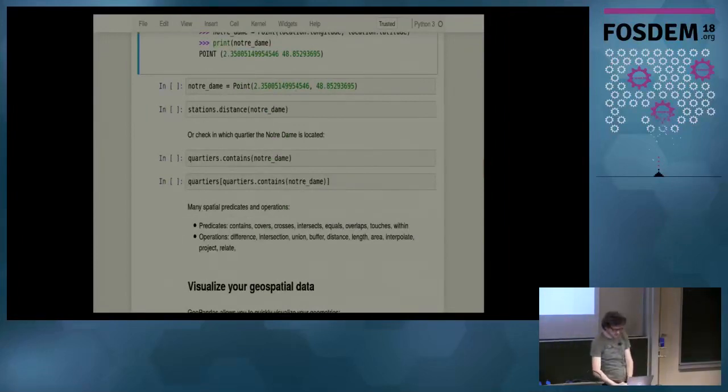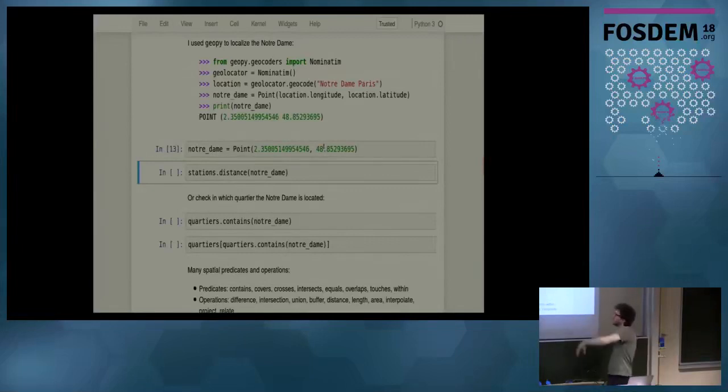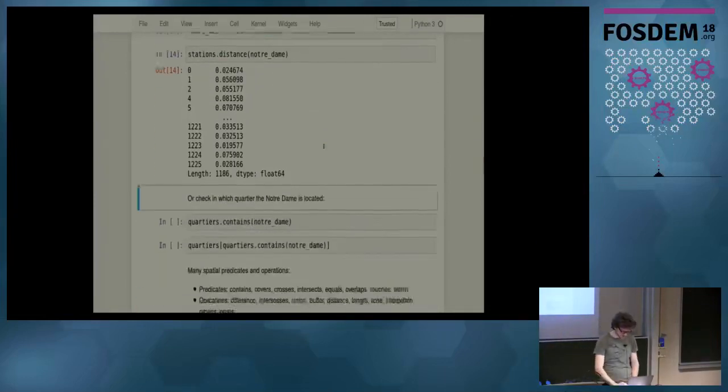So I searched, using GeoPy, the coordinates of the Notre Dame in Paris. So this is this point. So now I want to know what is the distance from all my stations to that point. And then again, you can very easily calculate those. And you get vectorized element-wise operations for all geometries in the object.